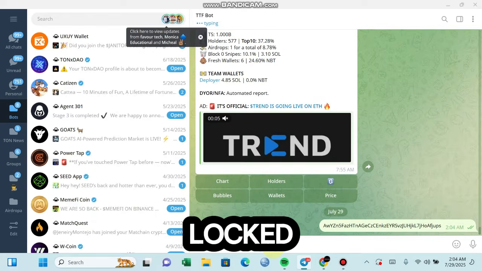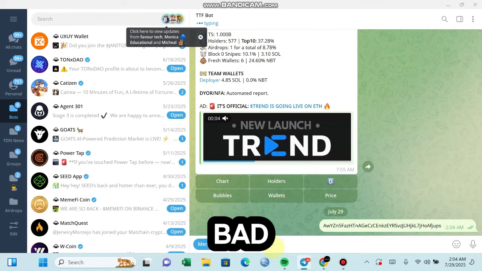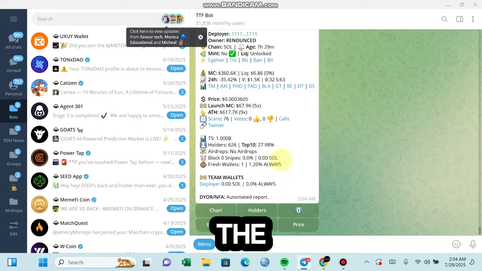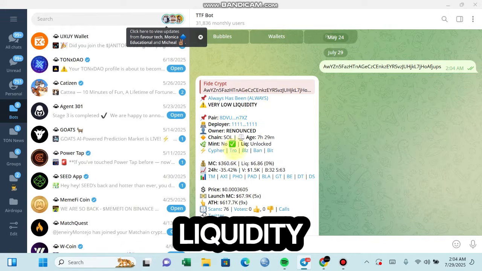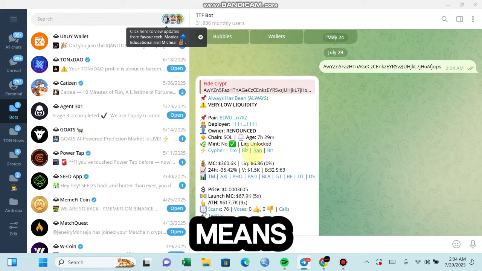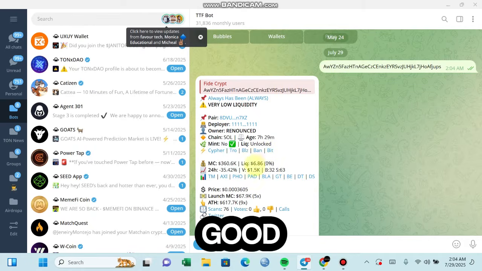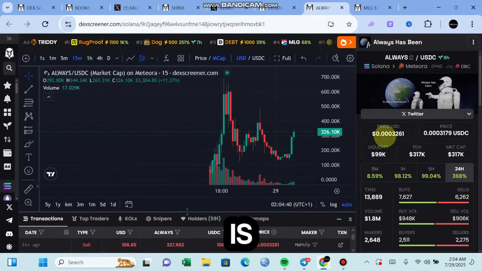Because if liquidity is not locked, it's a very bad indication that the coin could be a rug. Okay, very low liquidity. Liquidity is unlocked, and the liquidity they put on this particular coin is still $6, the market cap is still 60. So what you should do is don't trade this coin at all.